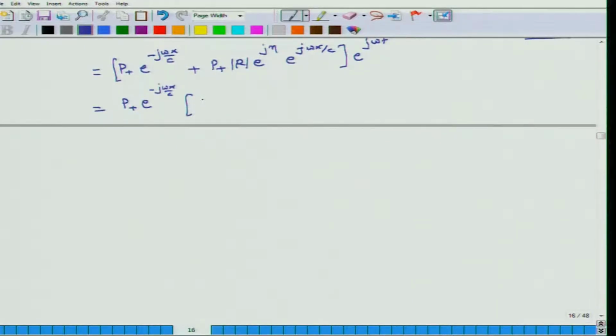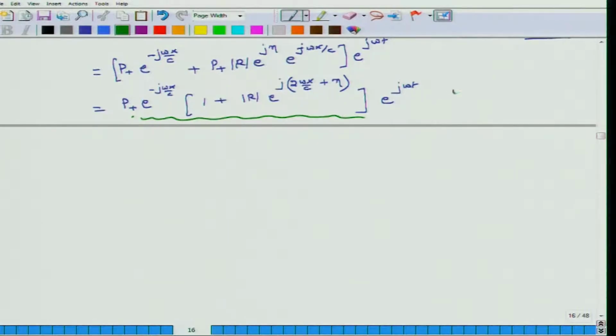So in the brackets I am left with 1 plus magnitude of R, and then I have exponent j 2 omega x over c plus eta, e to the power of j omega t.